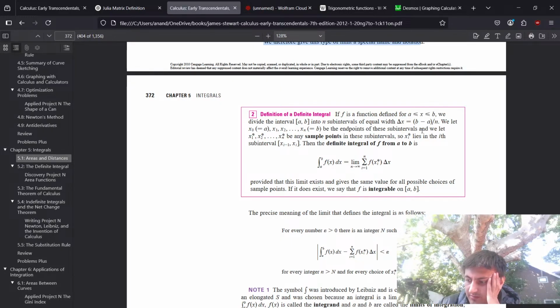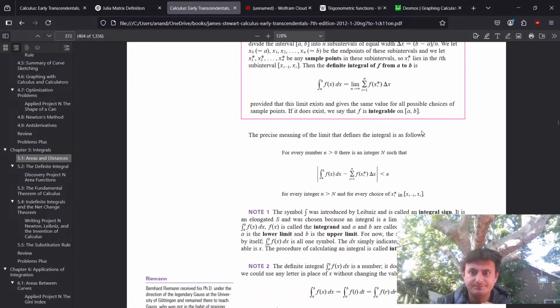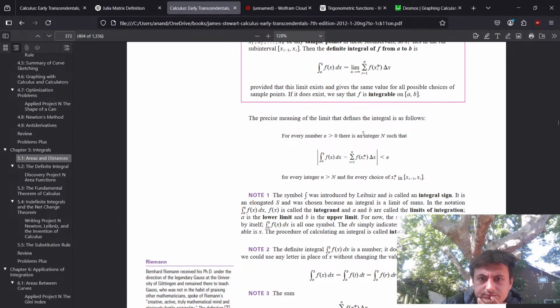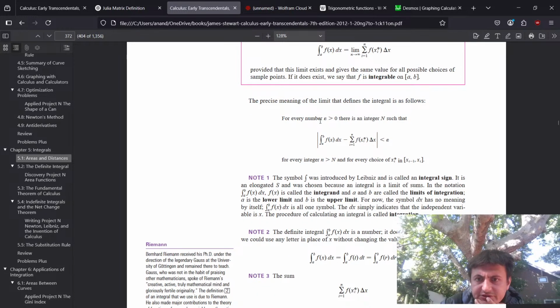Is equal to the limit, as n goes to infinity, of the sum from i equals 1 to n of f of xi star delta x. So that's just the rectangles. The precise meaning of the limit means for every epsilon greater than 0, there's an integer n.